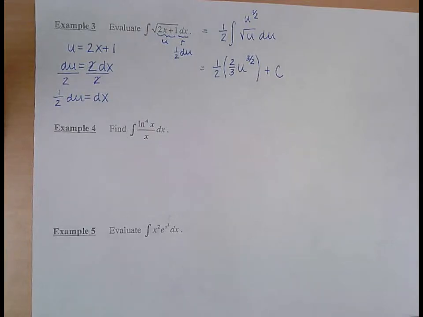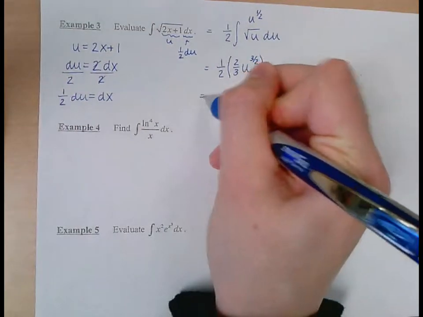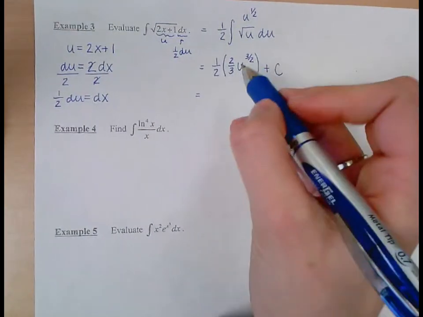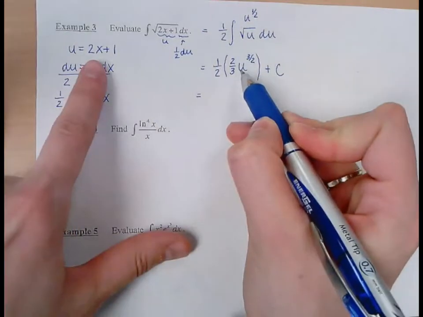And you won't see that, I'm thinking on multiple choice questions for the AP test, you're not going to see 1/2 c's on there. They'll just have c. Lydia? Yes. Yeah. So, yep, here I would simplify and replace the u with 2x plus 1.